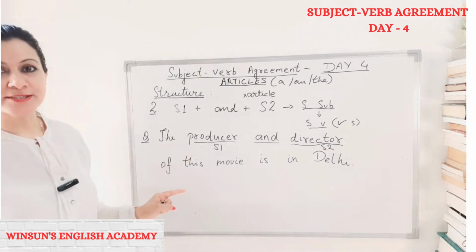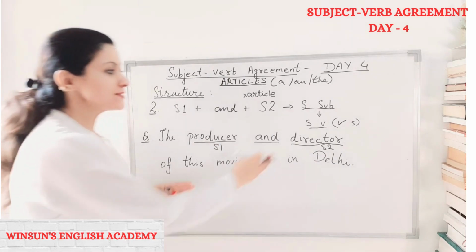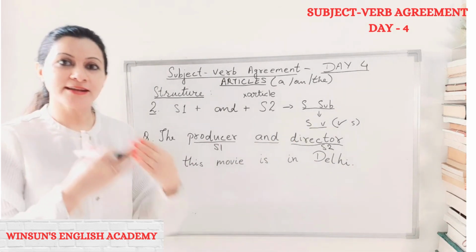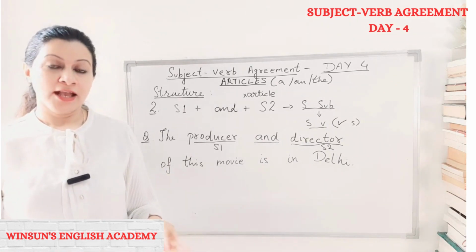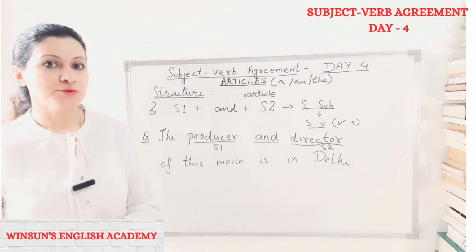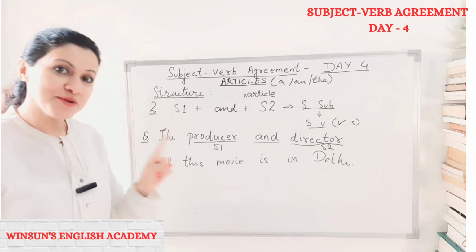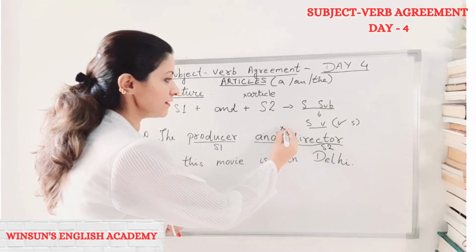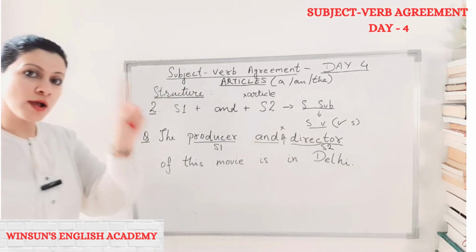Correct, same person. The same person is the producer of this movie as well as the director of this movie. Okay, if I am the producer and director, I will not say I am the producer and the director. No, I am the producer and director of this movie. Okay, so the producer and director referring to the same person because we do not have any article here. No article, which means it's referring to the same person, one person.